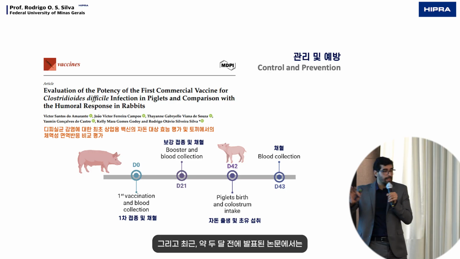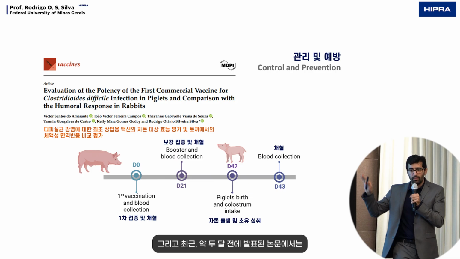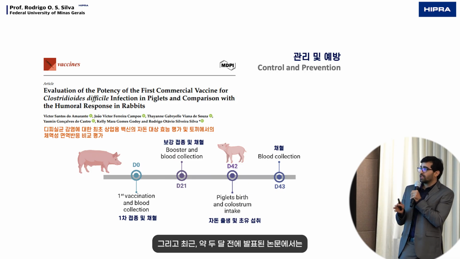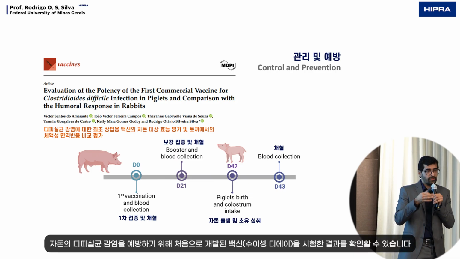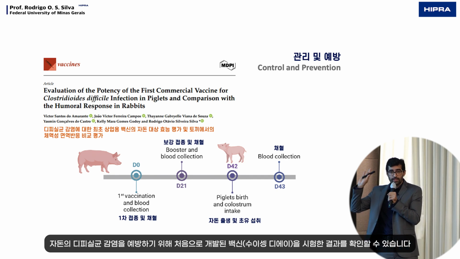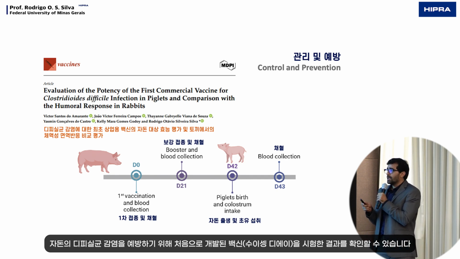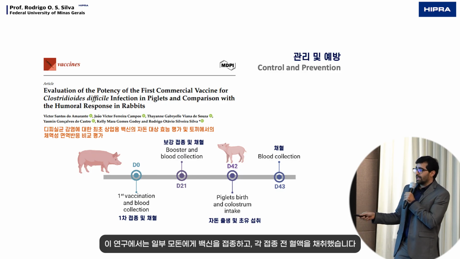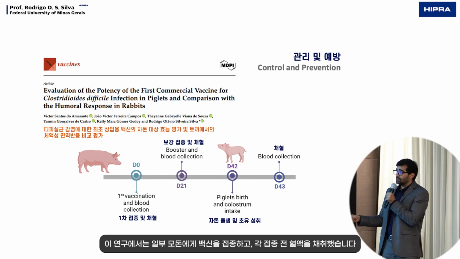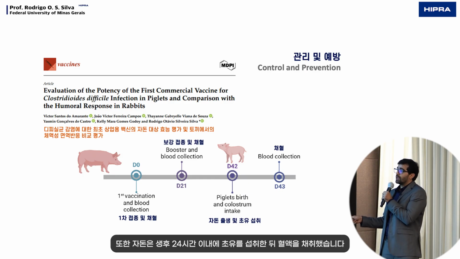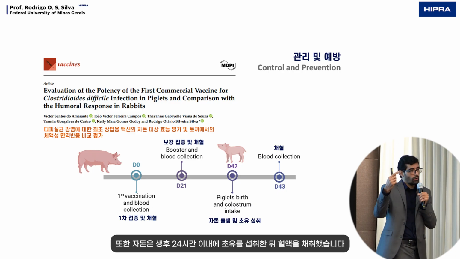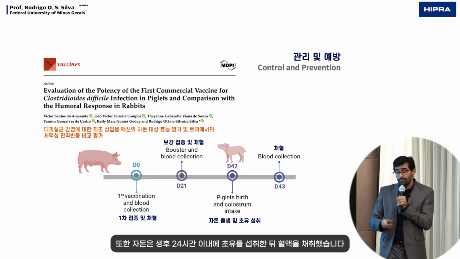And then recently, this paper was published more or less 2 months ago. We tested the first vaccine available to prevent Clostridium difficile infection in piglets, actually the first vaccine against Clostridium difficile infection. So we vaccinated some sows, and we collected blood from these sows before each vaccination, and we also collected blood from the piglets after they took colostrum, 24 hours after birth.